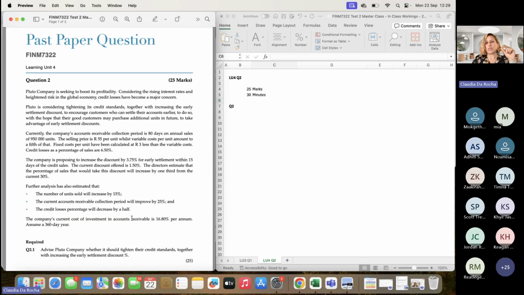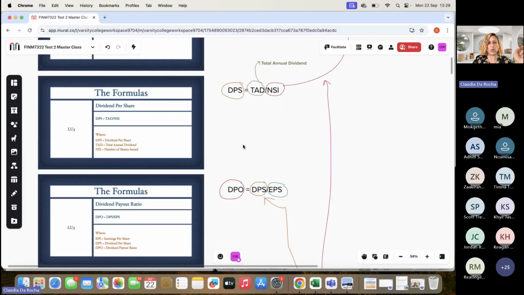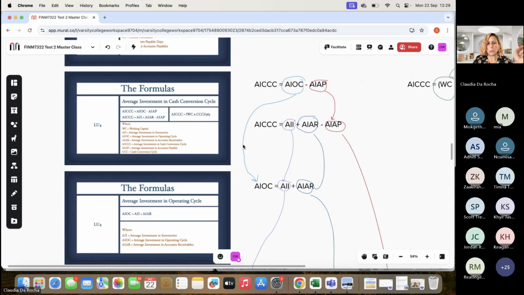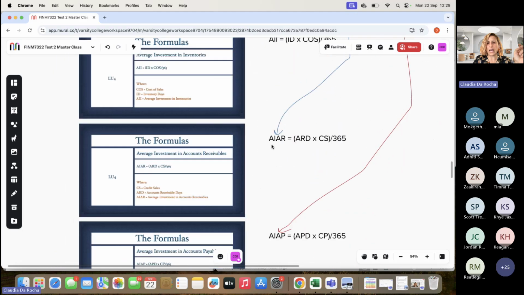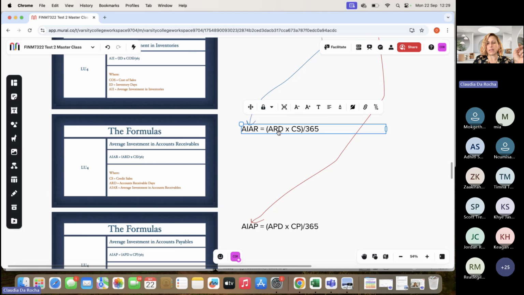So this is going to take into account these formulas here, where we look at your average investment in accounts receivable. So it's going to be incorporating this formula in there.